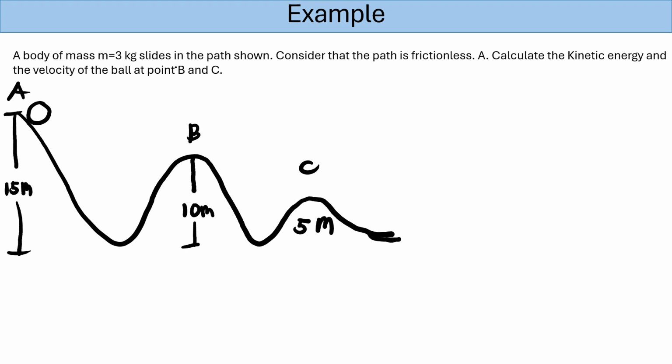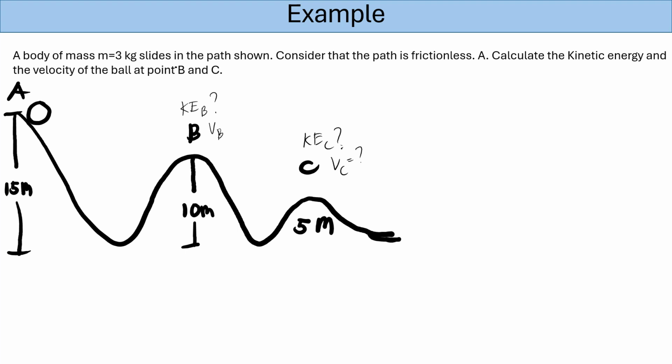We're going to find the kinetic energy at point B. What is your KEB and what is your KEC, as well as the different velocities VB and velocity at point C. So let's start at finding the kinetic energy at point B.